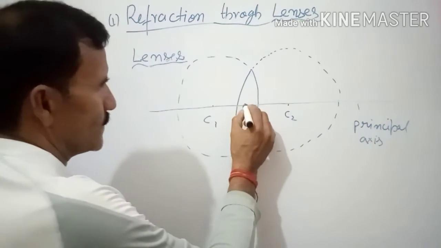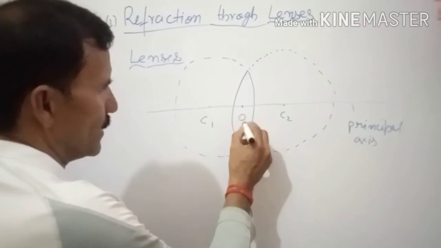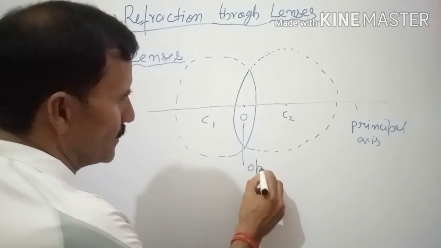And this point, almost the middle point, is called the optical center.